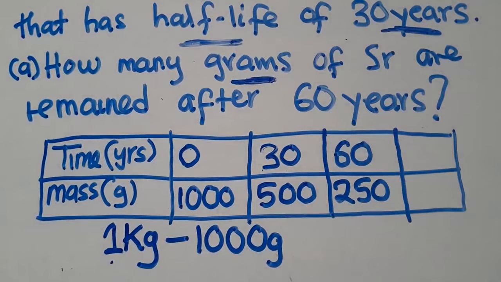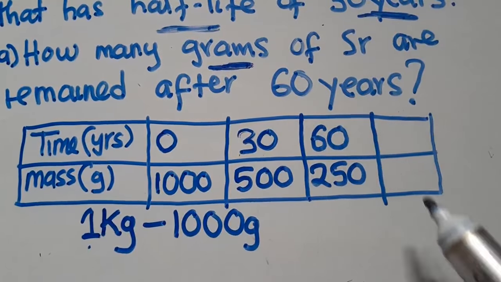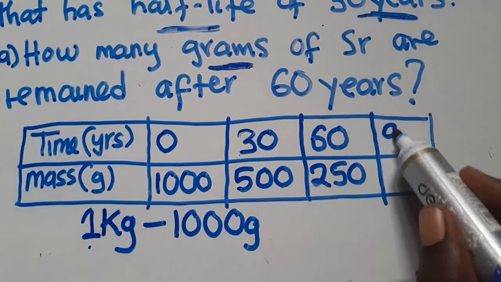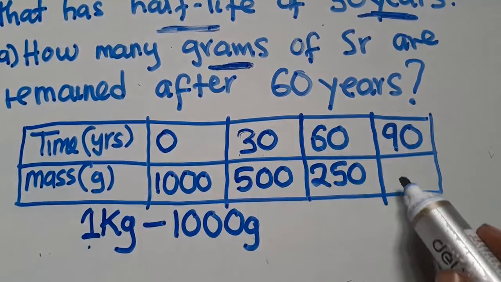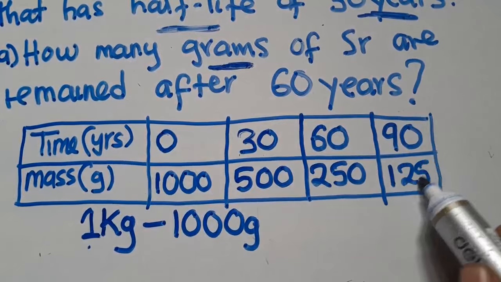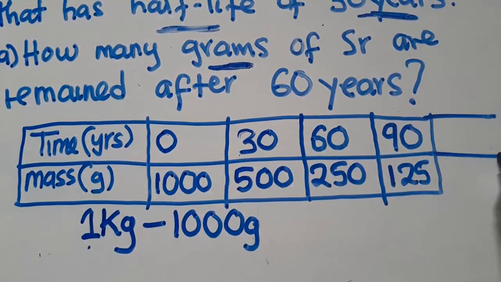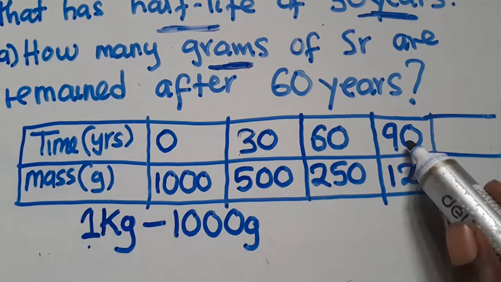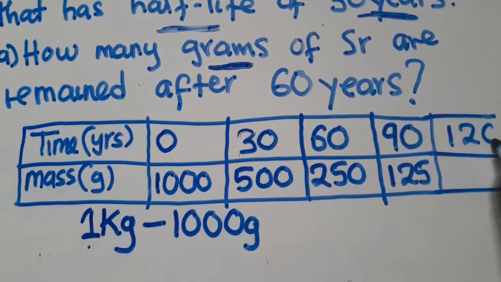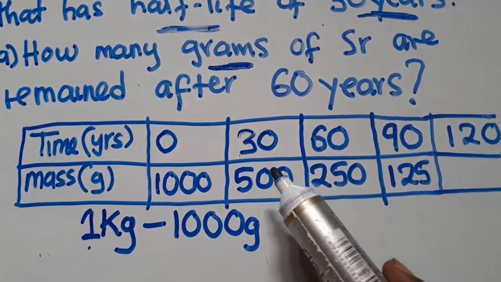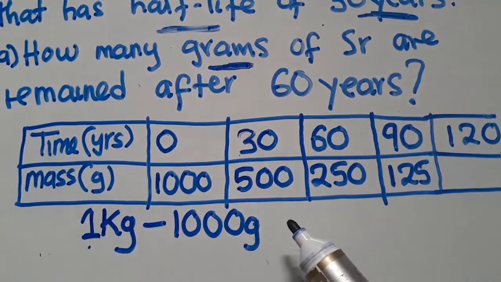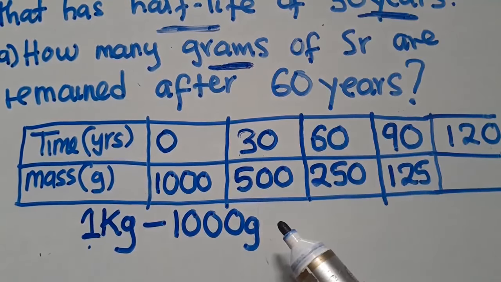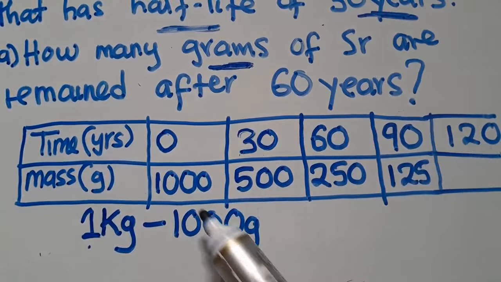Then I move another 30, so I can just keep going like this. Another 30 gives 90, and half of 250 is 125. Another 30 will be 120. That is the half-life, so there I'll be adding 30, 30, and this one down will be decaying by half.